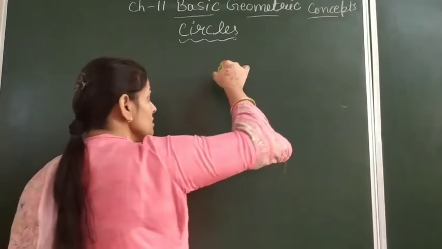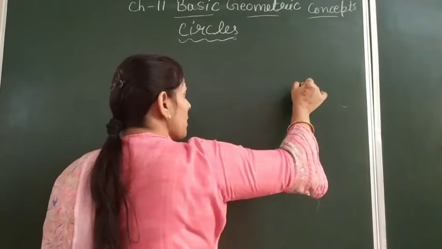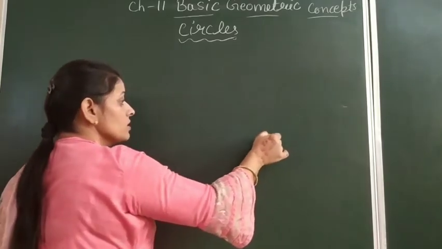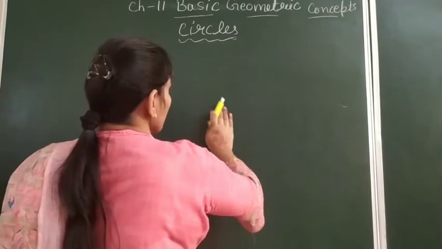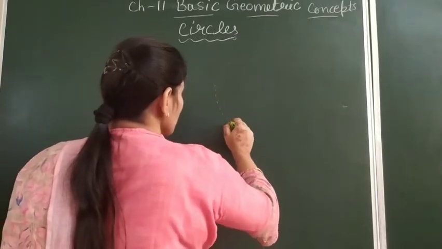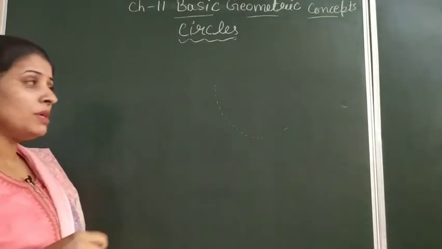A circle is a combination of infinitely many points which are equidistant from a given point. This is called a circle.